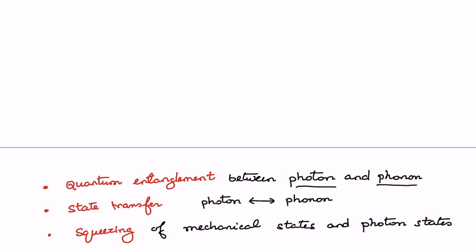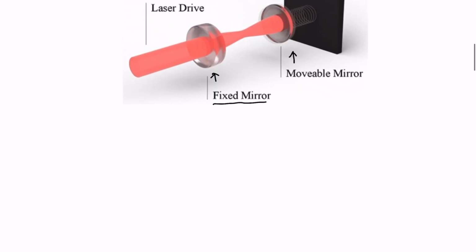State transfer can also happen between photon and phonon or phonon and photon, which is extremely important for various applications, particularly in so-called quantum transduction, and I will discuss it later on. And then there is squeezing of mechanical states or photon states. Note that this movable mirror can vibrate in the frequency range of kilohertz to gigahertz.